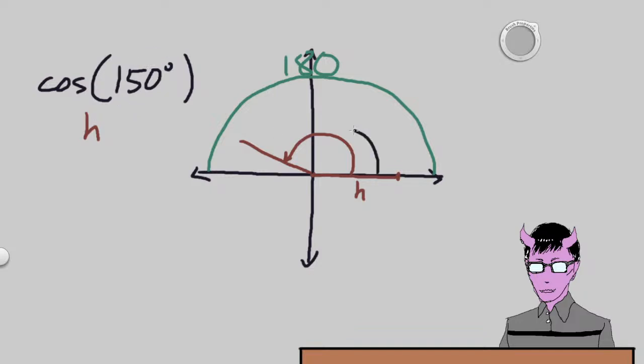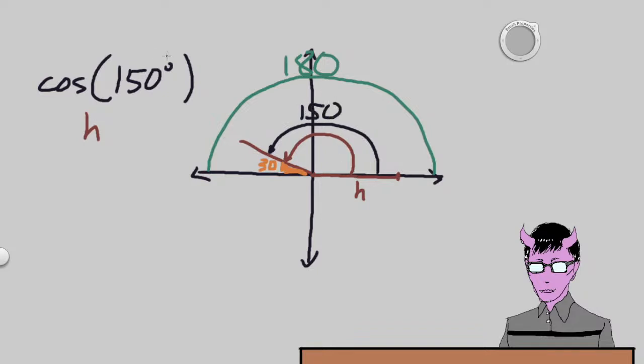So from here to somewhere here-ish, if you do the angle addition postulate, since the total angle is 180 and the partial is 150, then the remainder right here is going to be 30. There it is. Again, just angle addition postulate with supplementary angles.